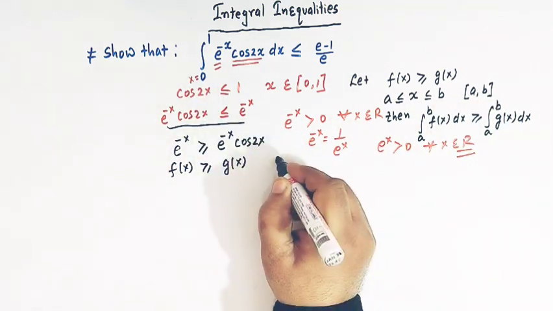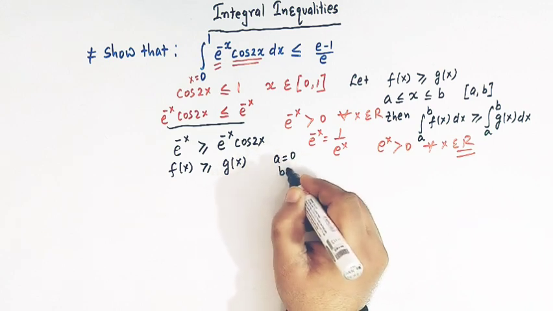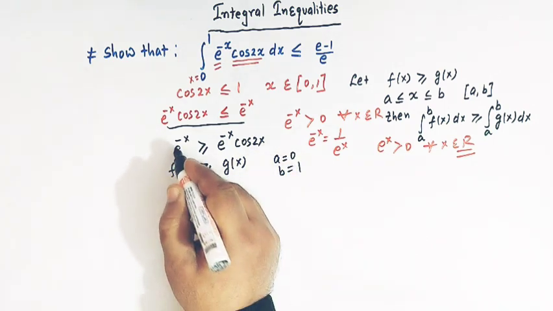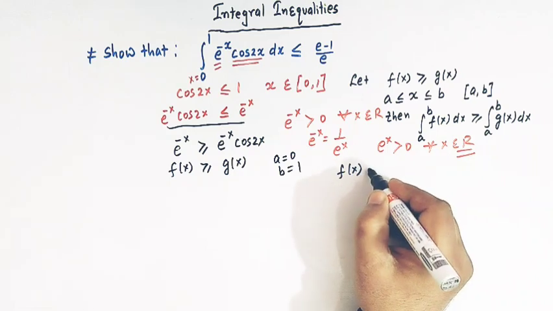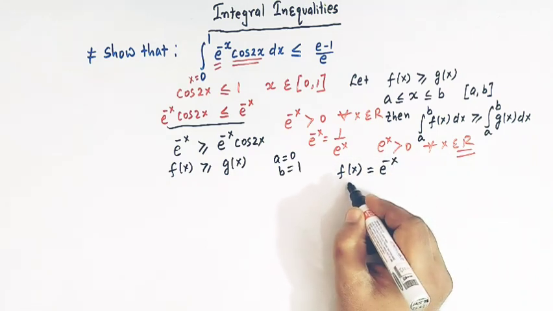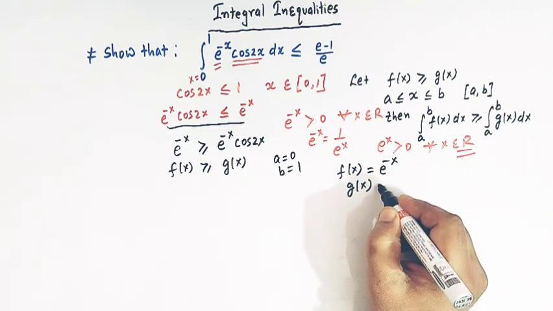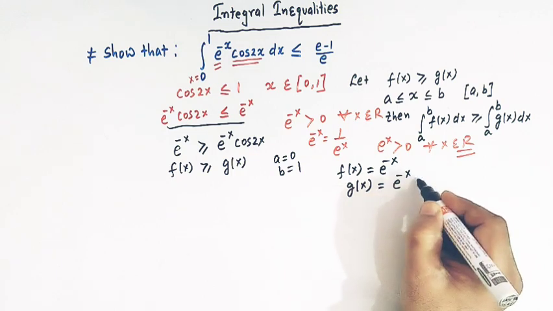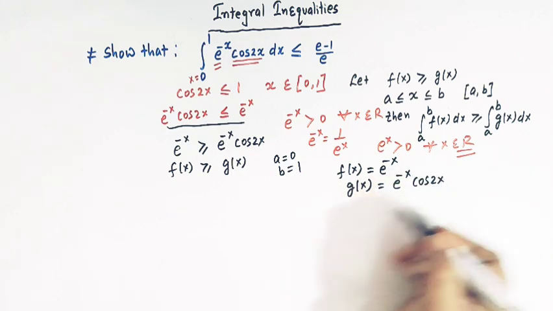So here a is 0 and b is 1. So f of x is our function e raised to minus x, and g of x is equal to e raised to minus x cos of 2x.